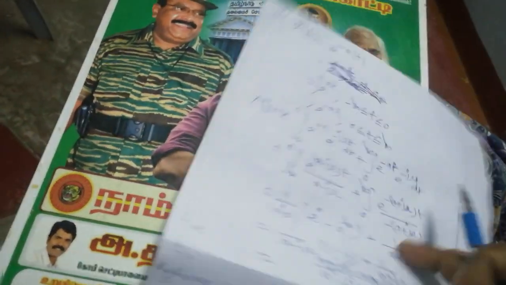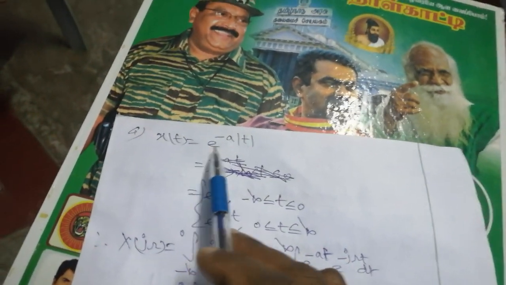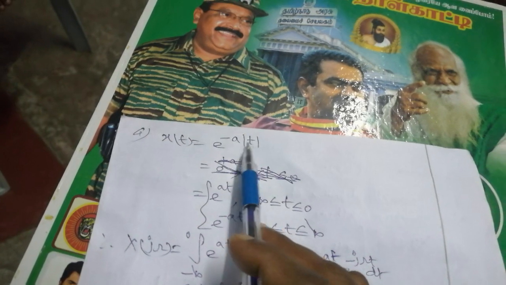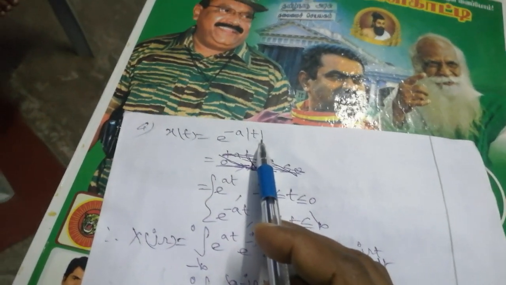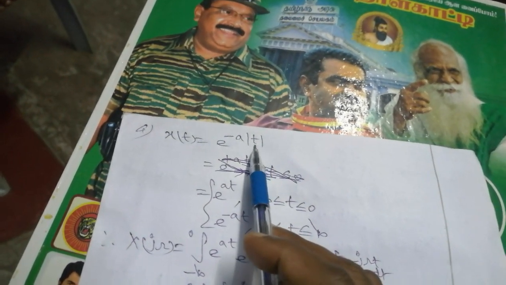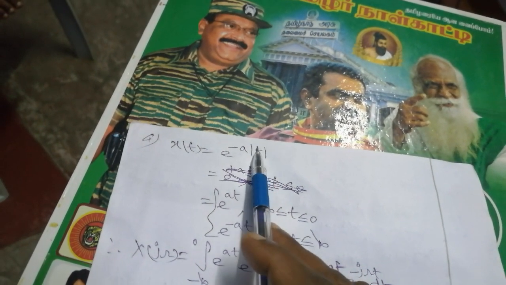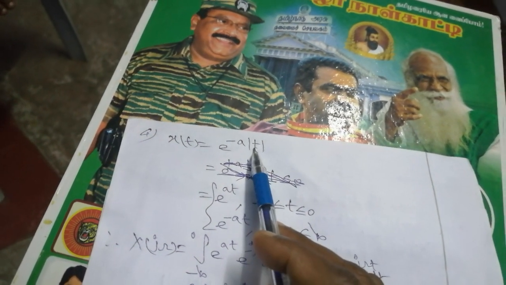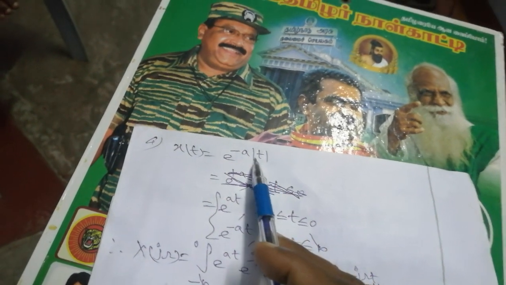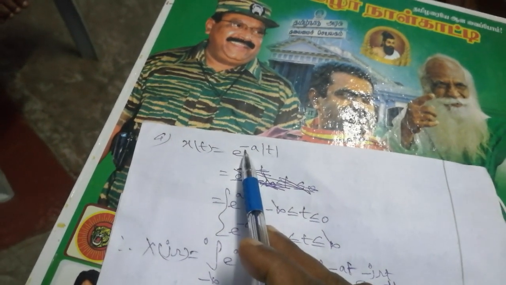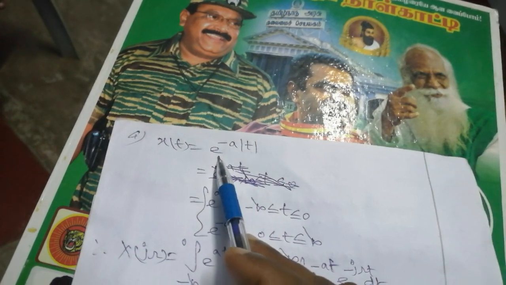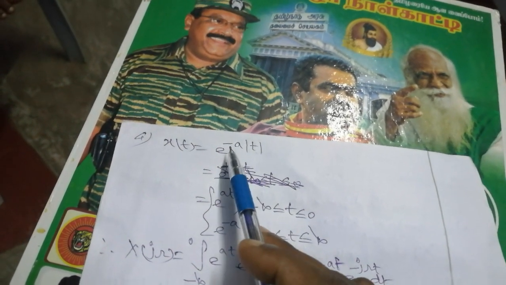For the next function, x of t, which is equal to e power minus a into mod t. Mod t means whatever the t value is, whether positive or negative, mod t will always give a positive value. So some positive value multiplied with minus a will always give e power minus of a into t alone.